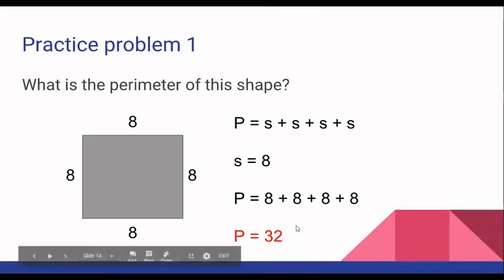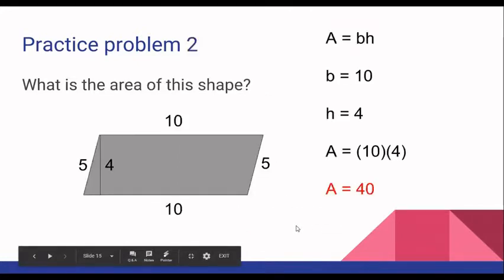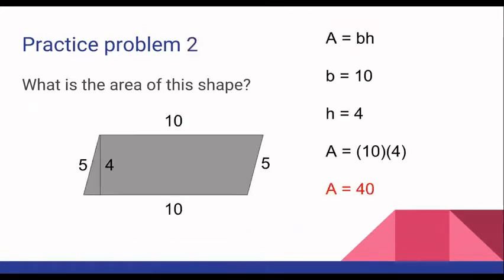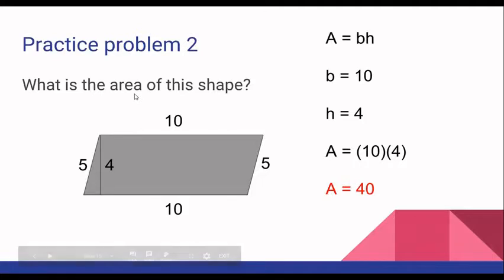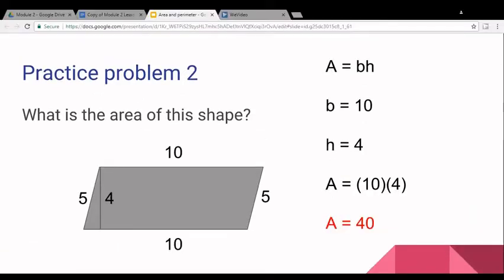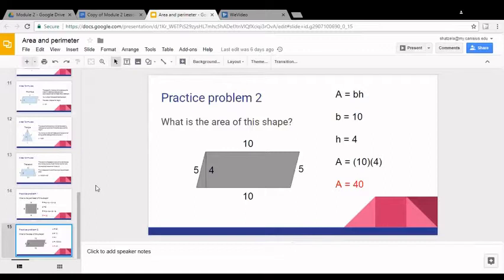And then you're going to put your answer in red. And here's another example for area. So instead of what is the perimeter of this shape, you're going to put what is the area of this shape.